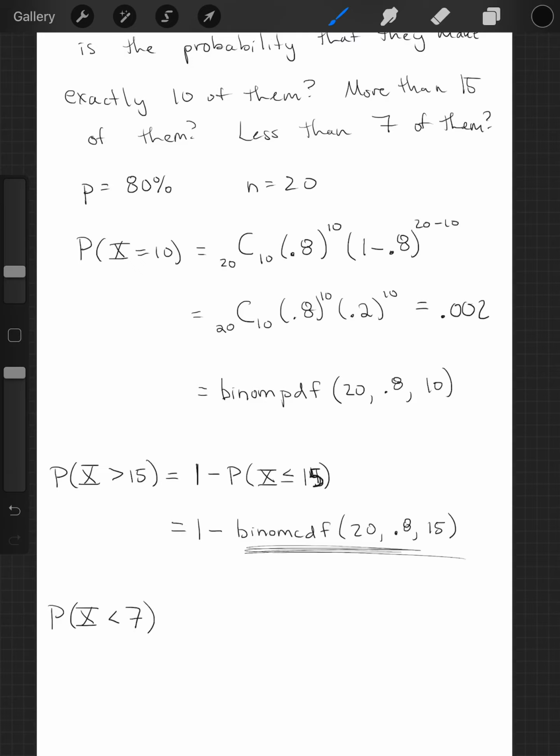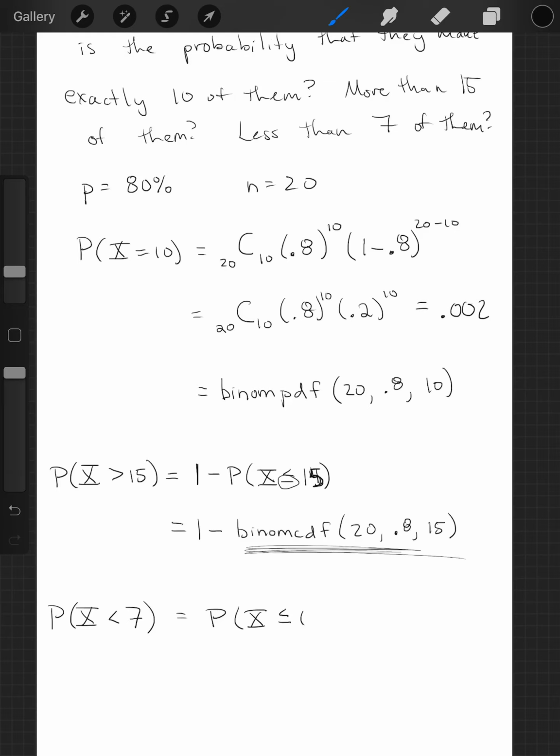The other problem is we want to know what's the probability that x is less than 7. Now this one is less than, and that's the type of thing binomial CDF talks about, but binomial CDF is specifically less than or equal to.